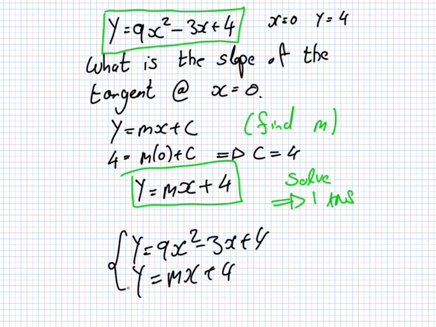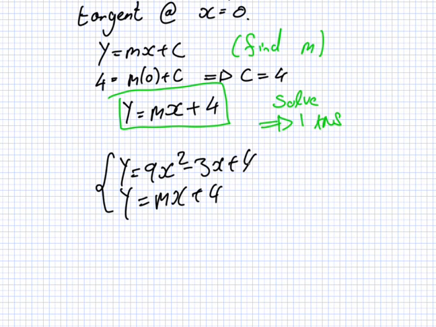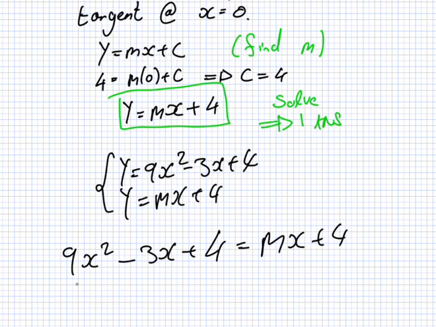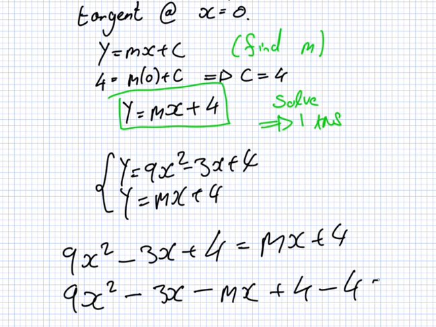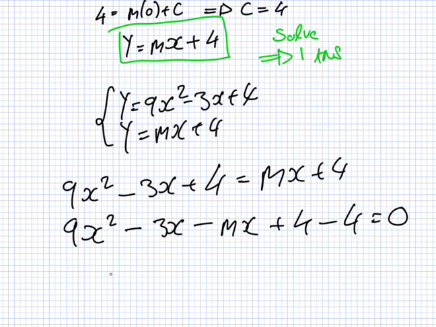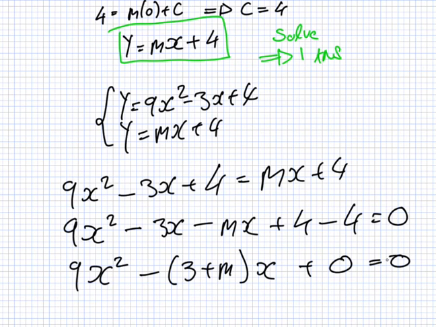So if I put these together, I get 9x squared minus 3x plus 4 equals mx plus 4. So I get 9x squared minus 3x minus mx plus 4 minus 4 equals 0. So I get 9x squared minus (3 plus m)x plus 0 equals 0.